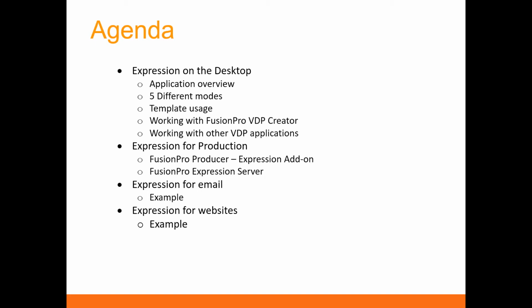The desktop version, which is where we're going to spend most of our time reviewing the application, how things work. We'll talk a little bit about our production solutions, and then we'll give you a couple of examples of how you might use these production systems to create things like emails and websites with these expressions on them.